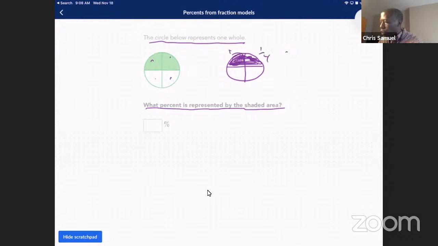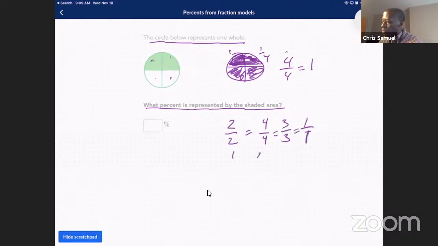So if we shaded this whole thing, we can say 4 over 4, because it's 4 pieces, which equals 1 whole. And just a fun fact, if you see things like this, they're all equal to 1.